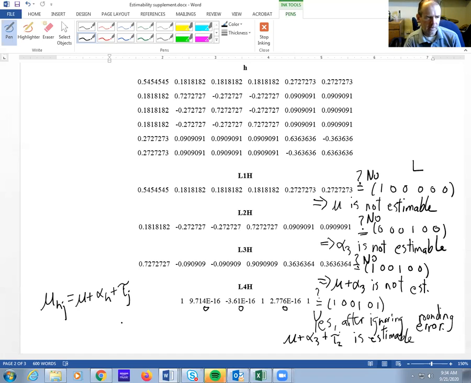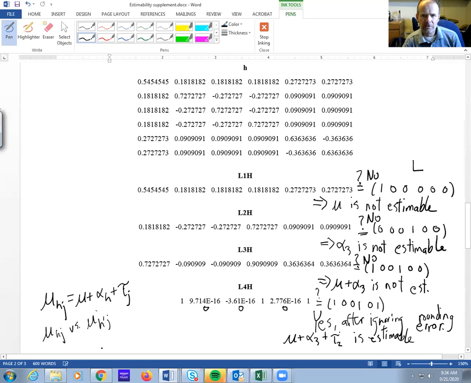So if we compare mu hj versus mu h prime j, so this is a mean for one group at time j, this is a mean for another group at time j.